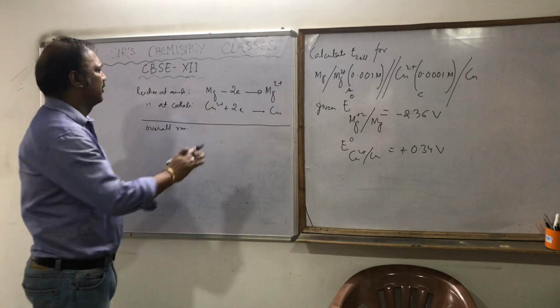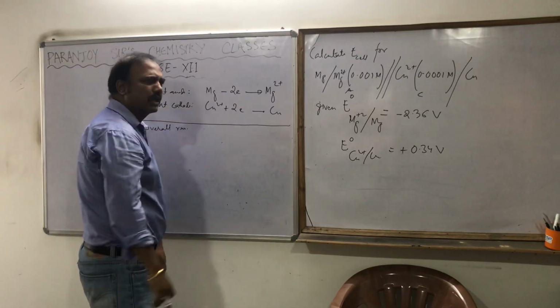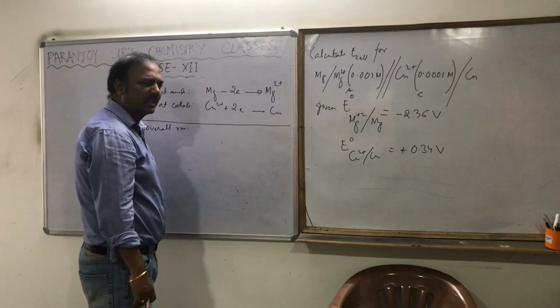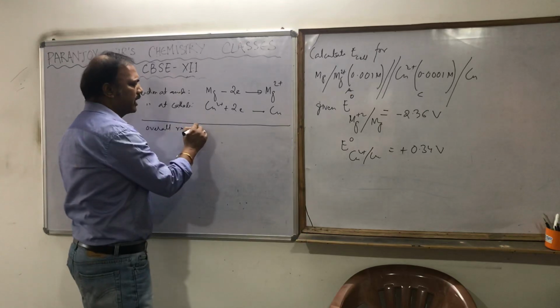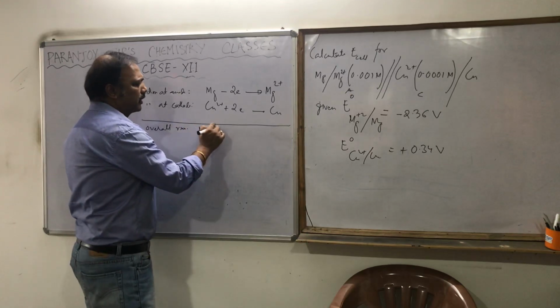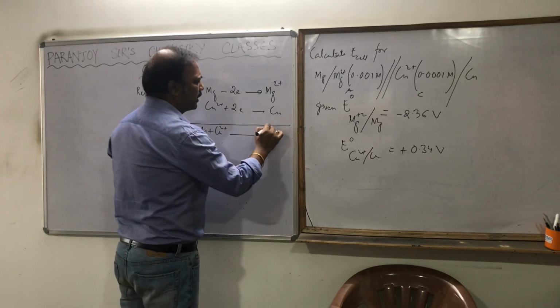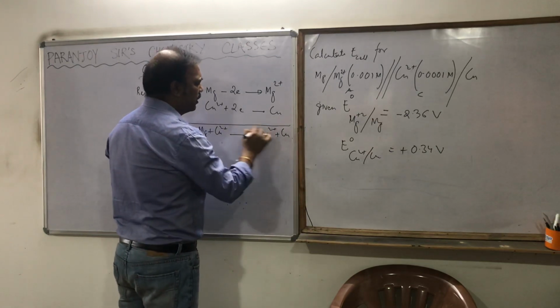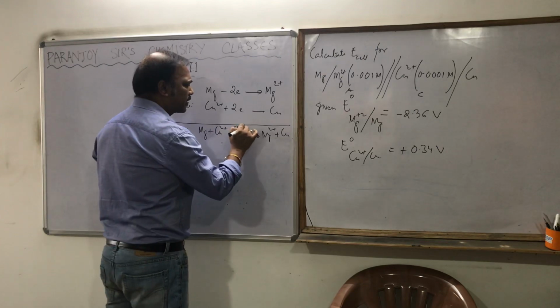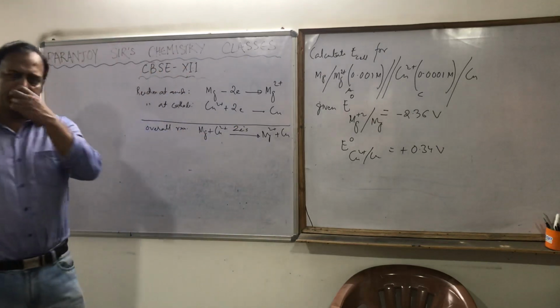Be careful of that. Here, since in both cases two electrons are there, it's already balanced. So the overall reaction is Mg plus Cu2+ producing Mg2+ plus Cu, and during that reaction two electrons are involved.